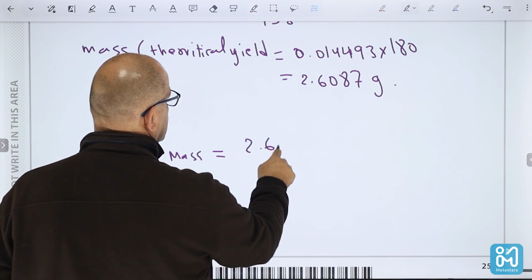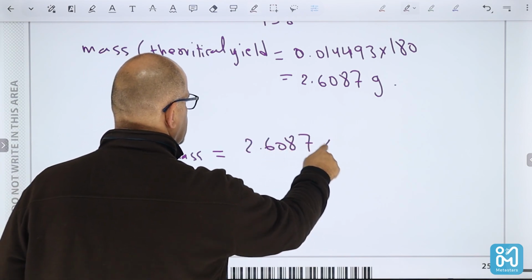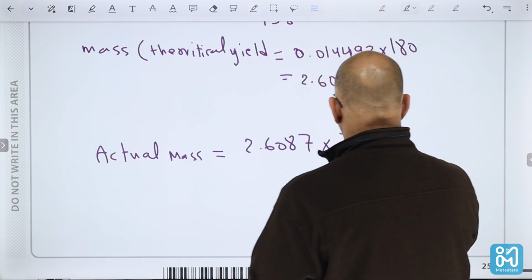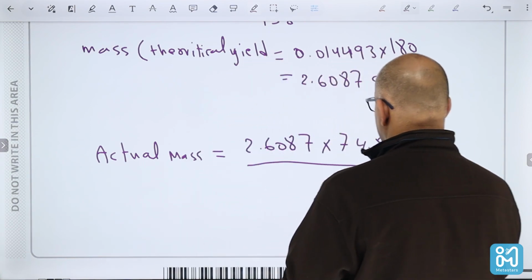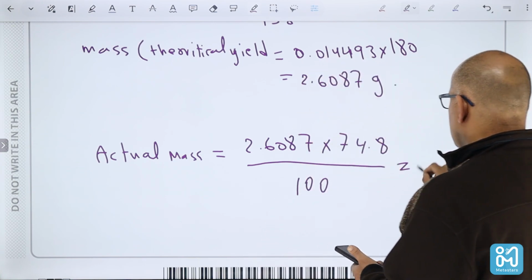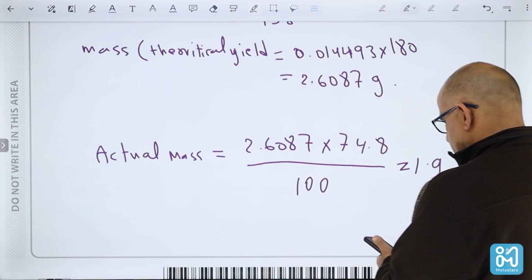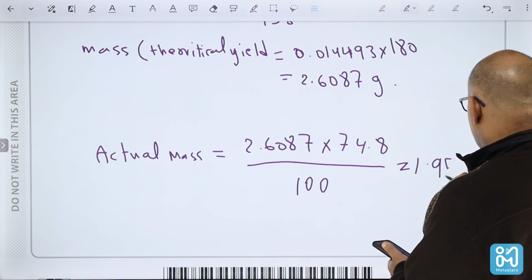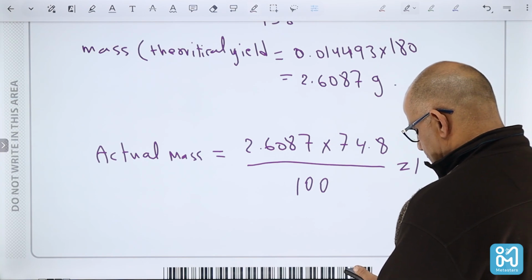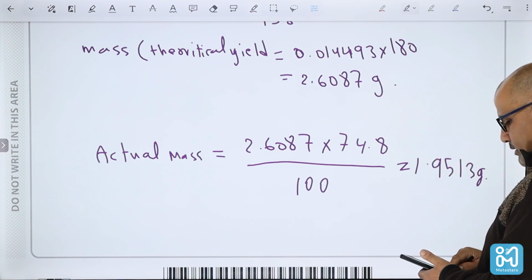It's 2.6087 grams times the percentage yield, which is 74.8 over 100. That equals 1.9513 grams.